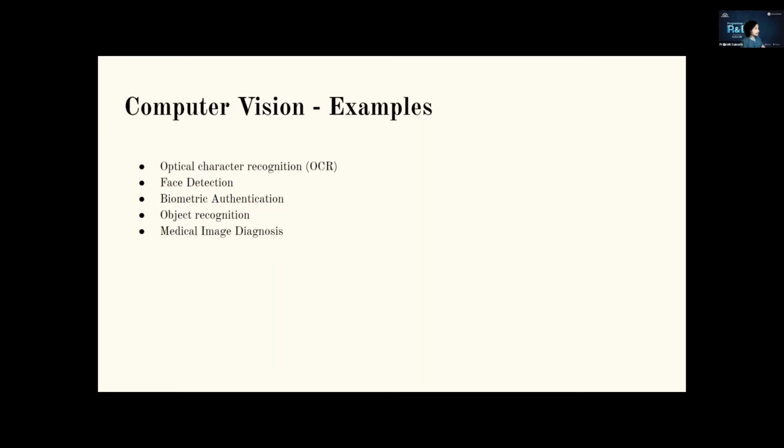It has become mainstream over these past years, like optical character recognition, face detection, which most of us use to unlock our phones and computers, biometric authentication, which some of us use at the workplace, and also commonly with phones and computers, and object recognition in factories to detect failures or for quality control of certain specific types of objects, and medical image diagnosis.